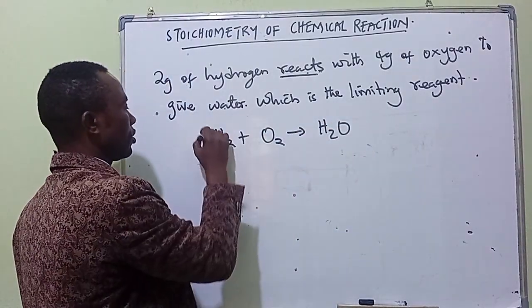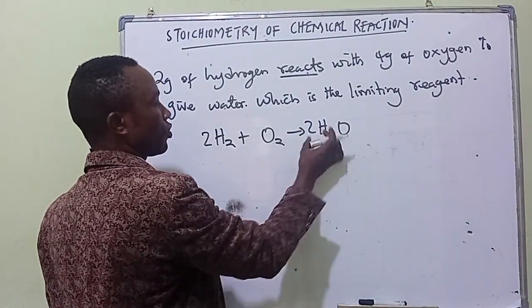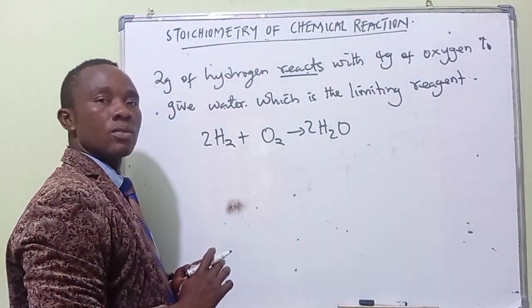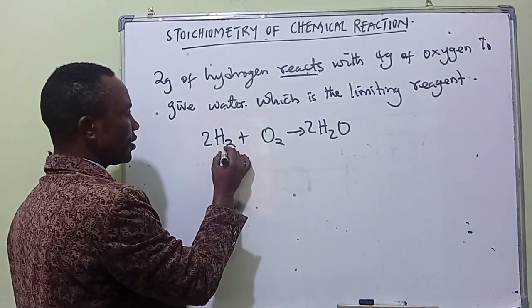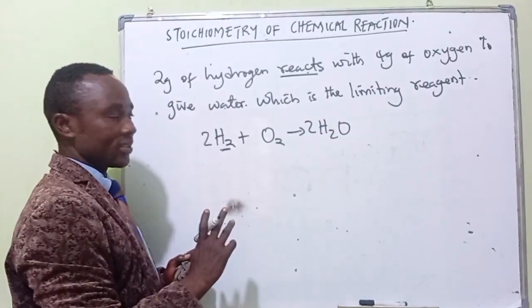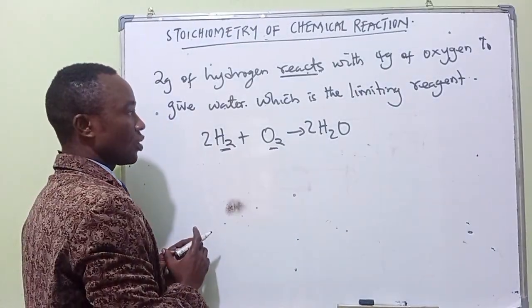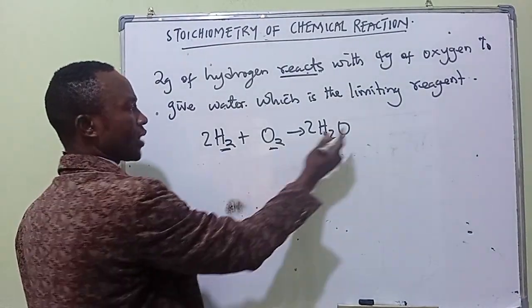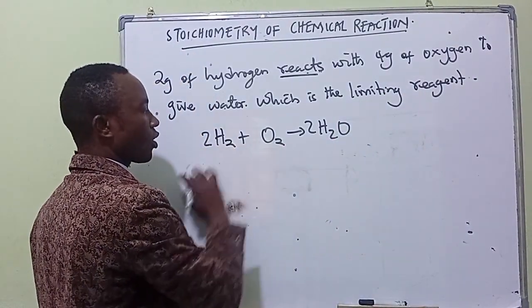Balance the equation. 2 here and 2 here. Hydrogen 4, oxygen 2, and 2. So the equation is balanced. Now, hydrogen is a reagent, that is reactant. Oxygen is a reagent, that is a reactant also. So out of these two, which one is the limiting reagent? Is it hydrogen or is it oxygen?